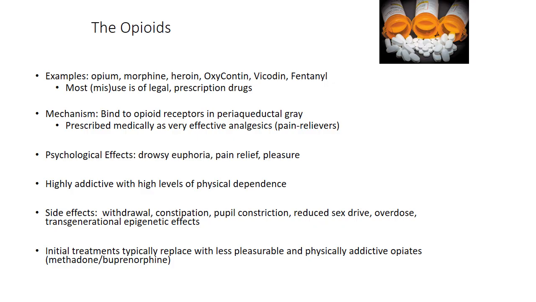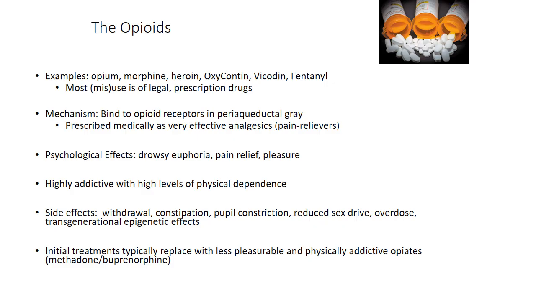Most use of opioids is legal prescription drugs, and they are prescribed medically because they're pain relievers. Opioids bind to opioid receptors in the periaqueductal gray of our midbrains, and they're going to agonize the effects there, so that that pain-reducing mechanism is enhanced.